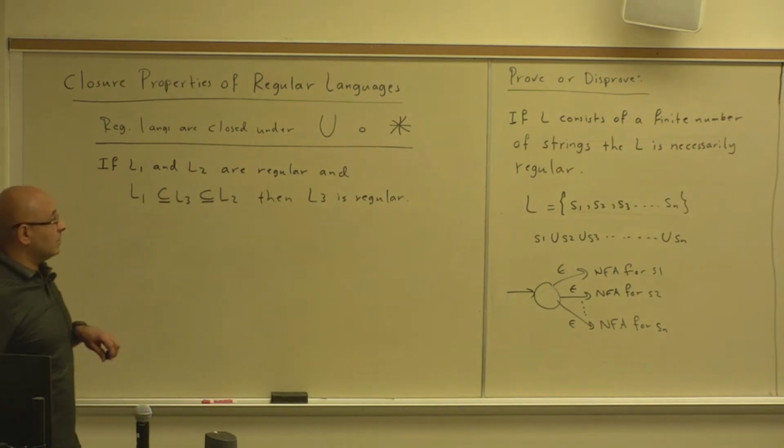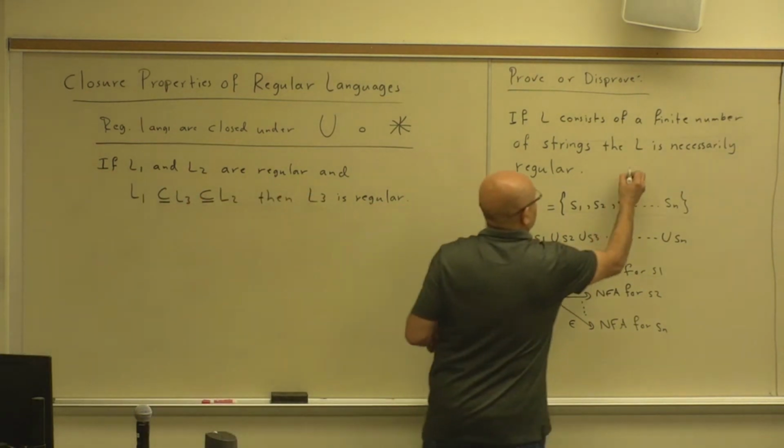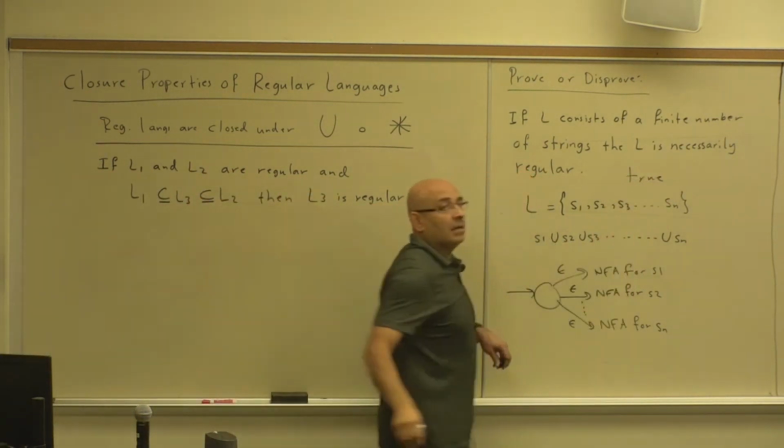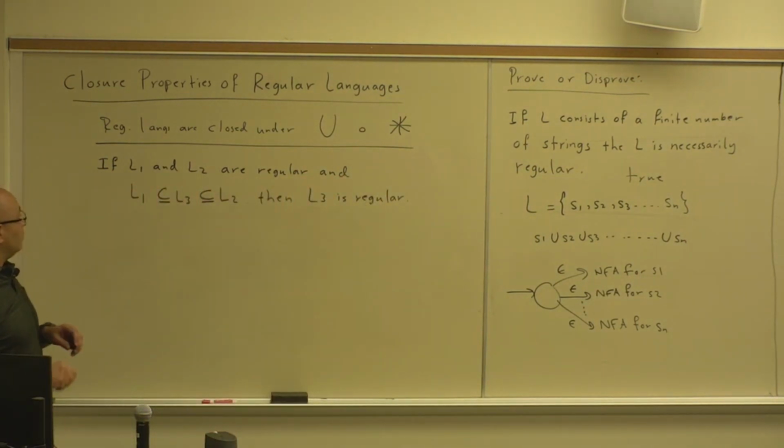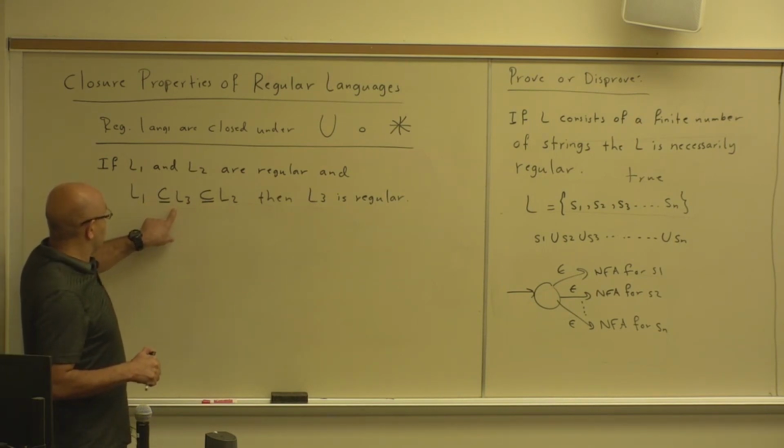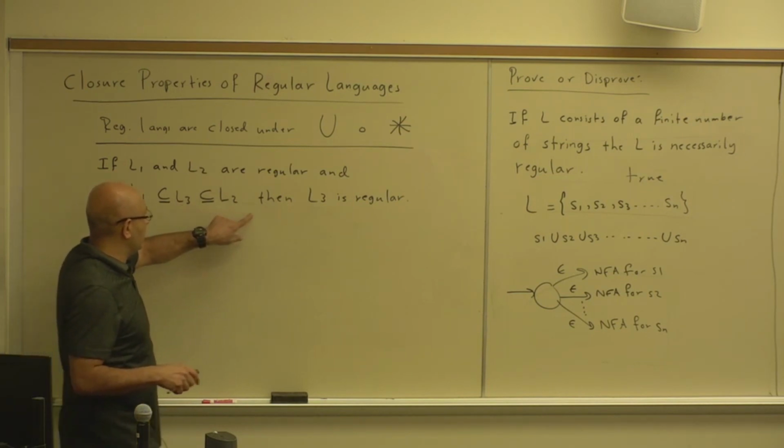Is this true or false? So, of course, this is true. Is this true or false? If L1 and L2 are regular and L1 is a subset of L3 and L3 is a subset of L2, then L3 is regular.